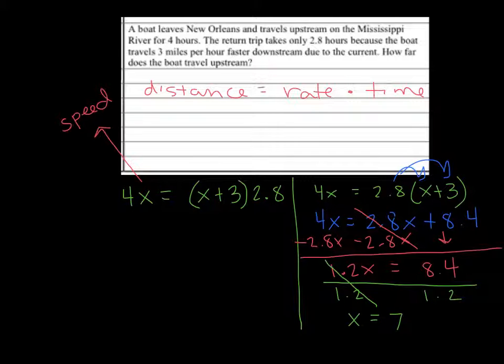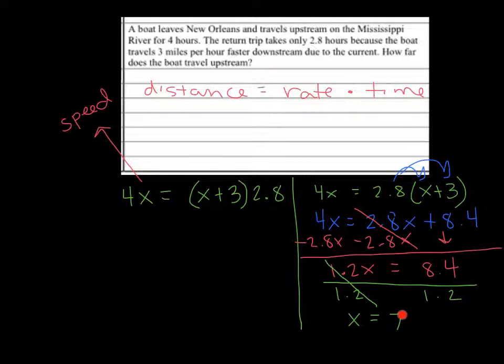Now I want to go back to my problem and just make sure that I'm answering the question that's being asked. So the question says, how far does the boat travel upstream? Well, let's go back to our problem here. We said that x was the speed or the rate that we were traveling. So 7 means that I was going 7 miles per hour.